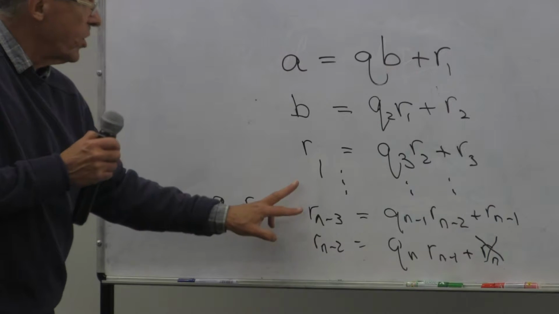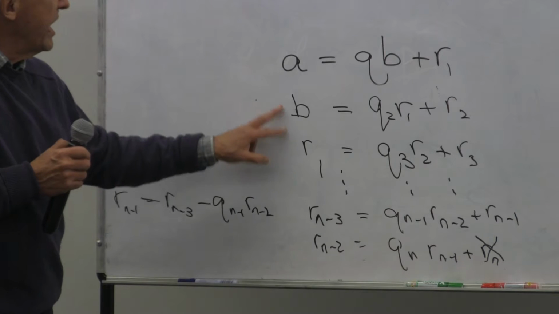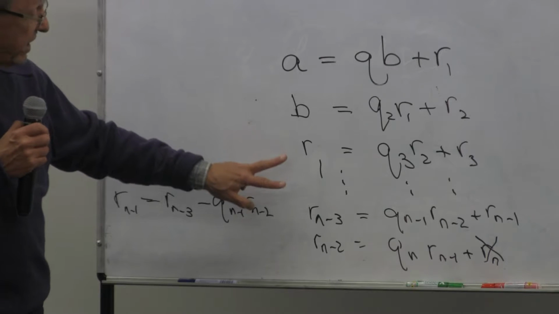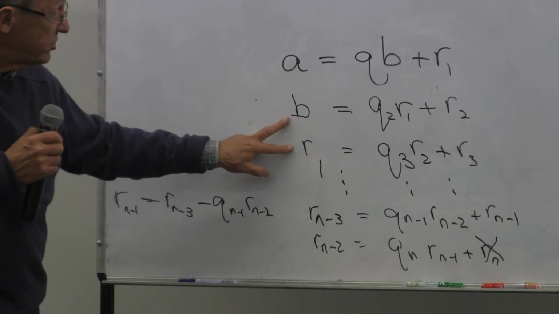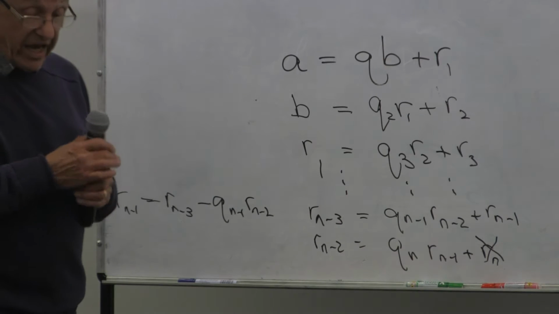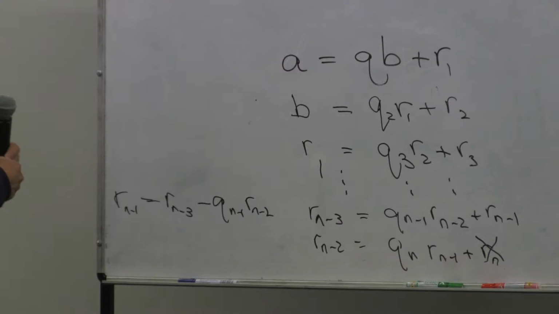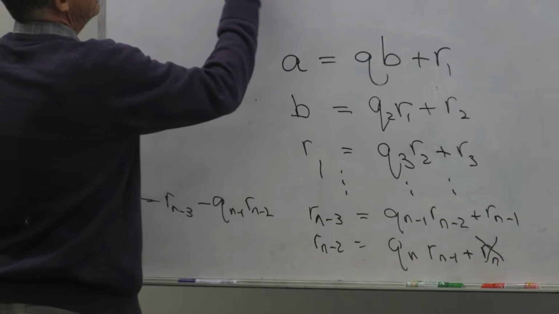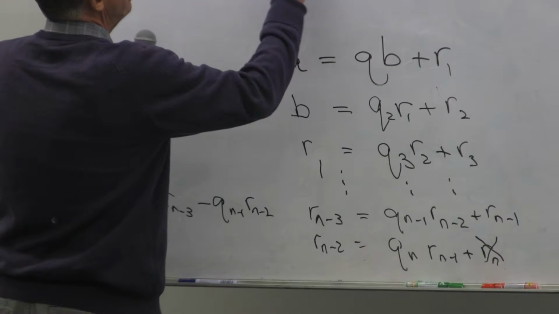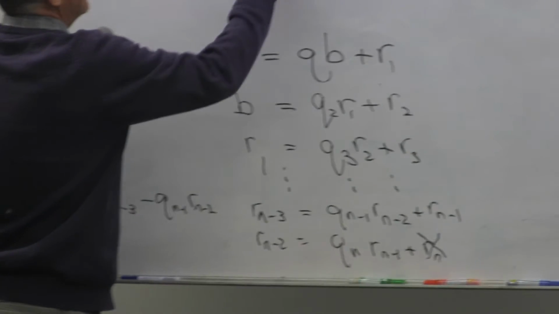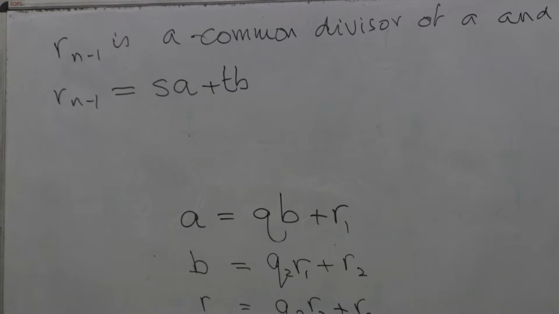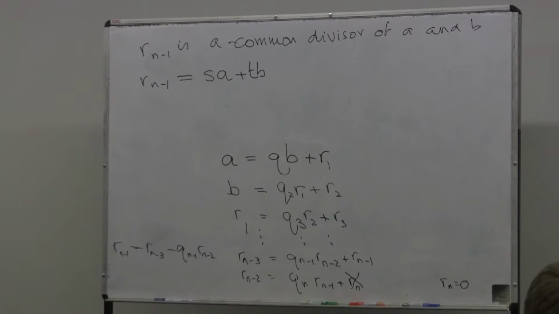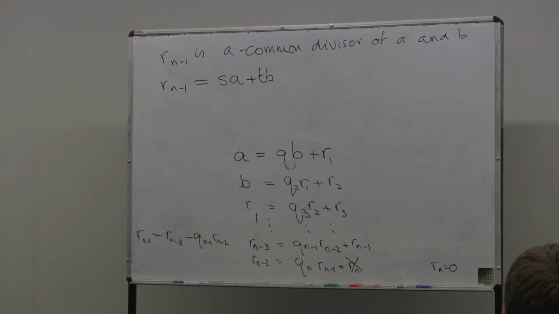And then again, we can work back up the table and see that, doing this progressively, it's expressible in terms of any two successive left-hand sides. And so we get to the point that Rn minus 1 can be written in the form a multiple of A plus a multiple of B. Obviously, S and T, one of them is almost certainly going to be negative, but don't worry about that.